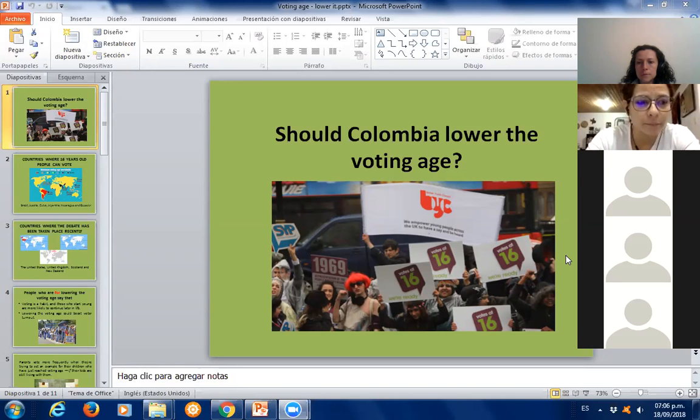For example, the implementation of, I don't remember the word in Spanish, igualdad de género, that the government tries to implement in all the laws in the country, or, for example, in the peace treaty. The peace treaty, yes.